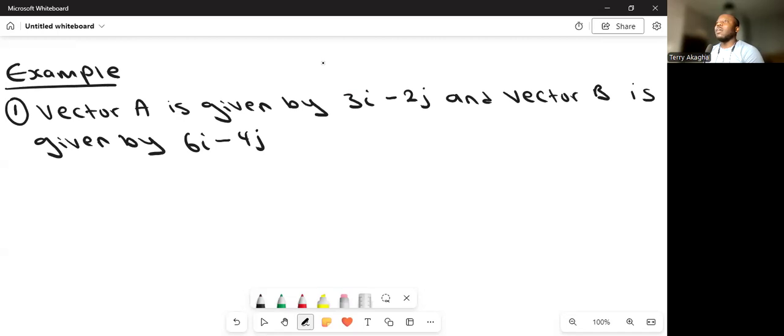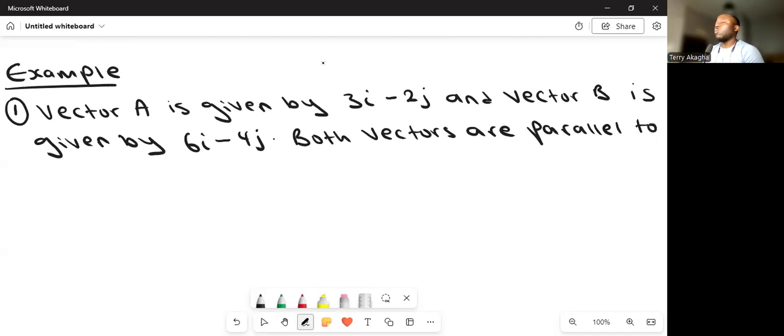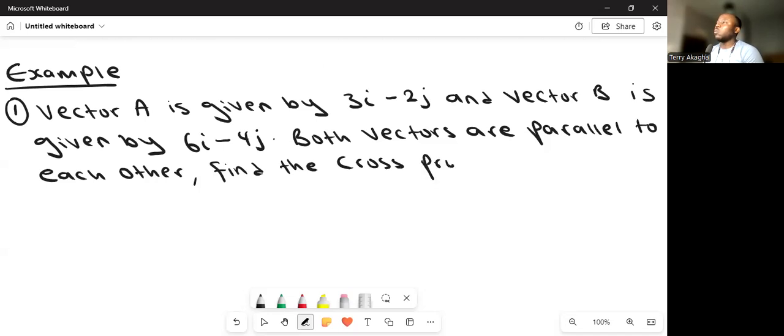Given that vector A is given by this, and vector B is given by this, both vectors are parallel to each other. Find the cross product.